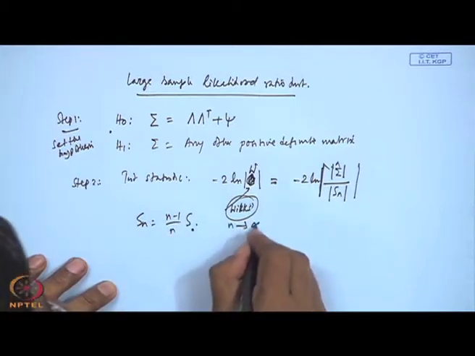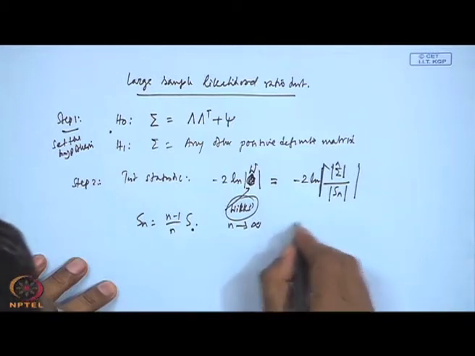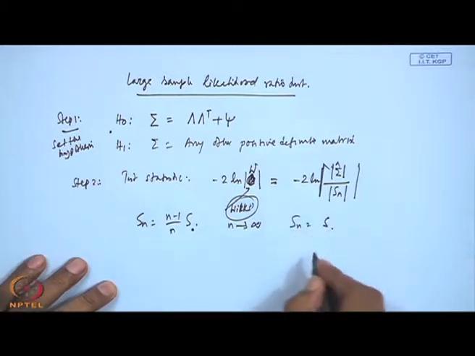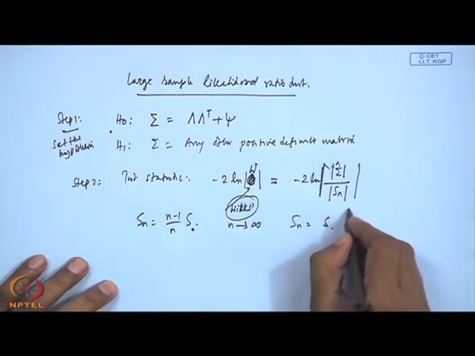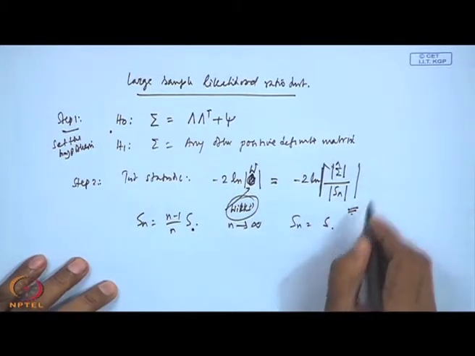For n very large, tending to infinity, Sn becomes S, so for large sample size you can use the determinant of S here.